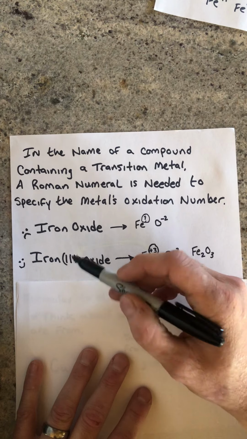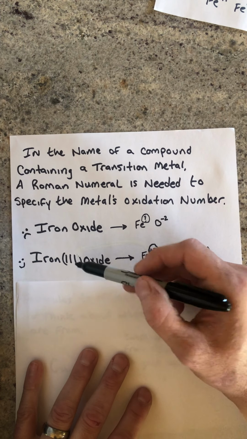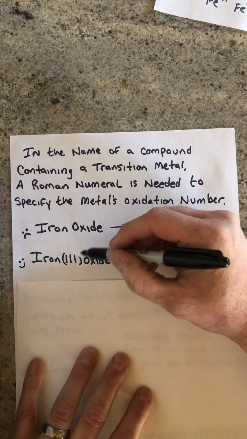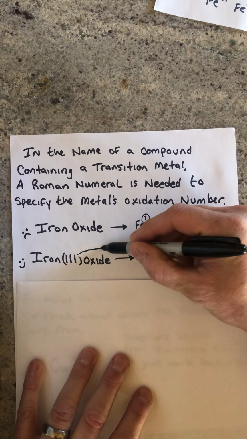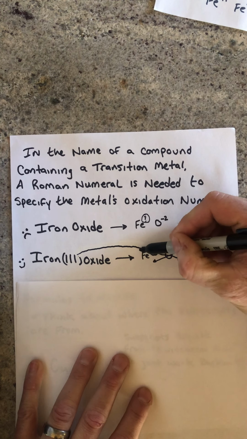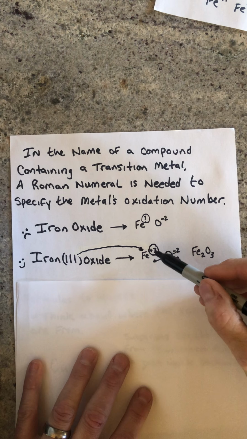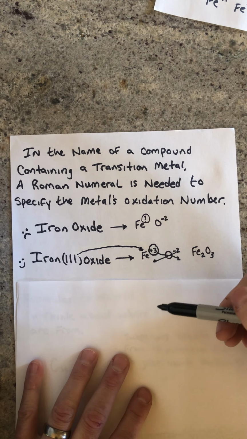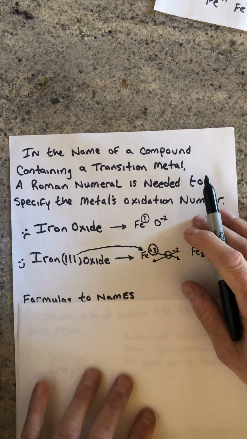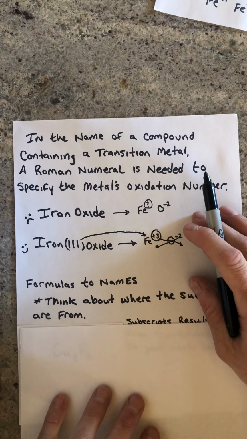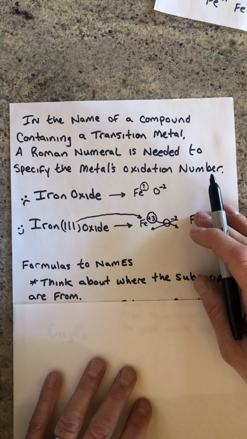So you'll be given in the name what the oxidation state is. And so that Roman numeral 3, that's what indicates that +3 oxidation state on the iron. See how that works? So let's go from formulas to names.